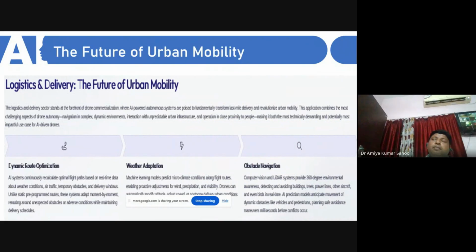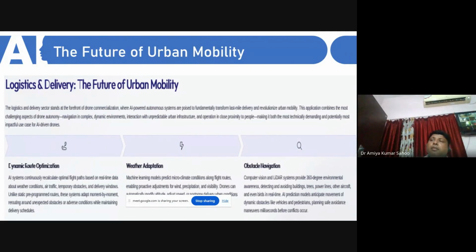If we see logistics and delivery, which is the future of urban mobility, this sector also plays a vital role, through dynamic route optimization, weather adaptation, and obstacle navigation.